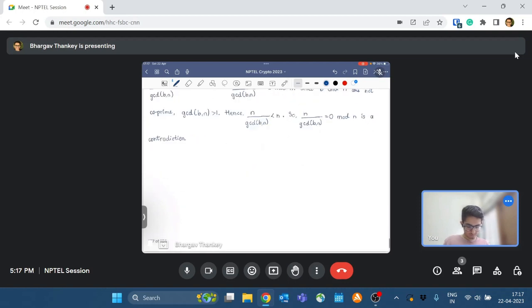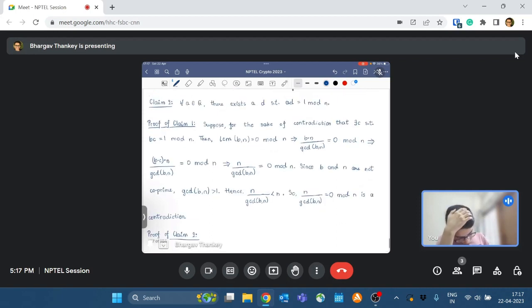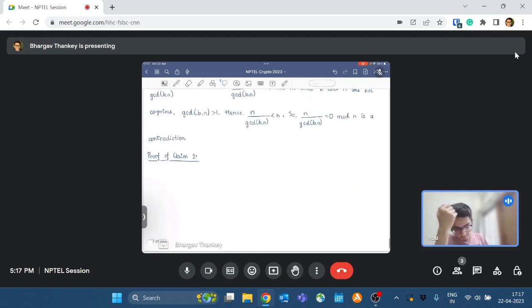About claim 2, okay, before we play through claim 2, let's recall Bezout's theorem.